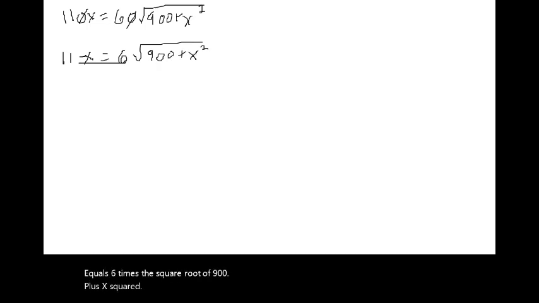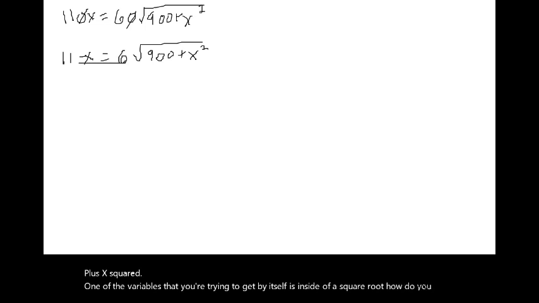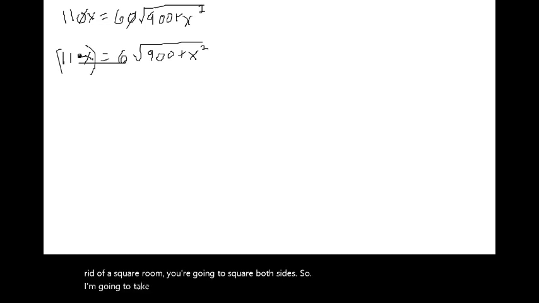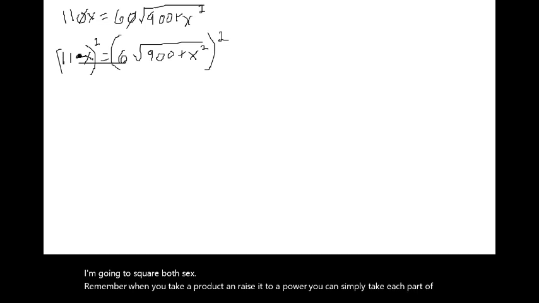Then one of the variables that you're trying to get by itself is inside of a square root. How do you get rid of a square root? You're going to square both sides. Remember, when you take a product and raise it to a power, you can simply take each part of that product and raise it to that outside power.